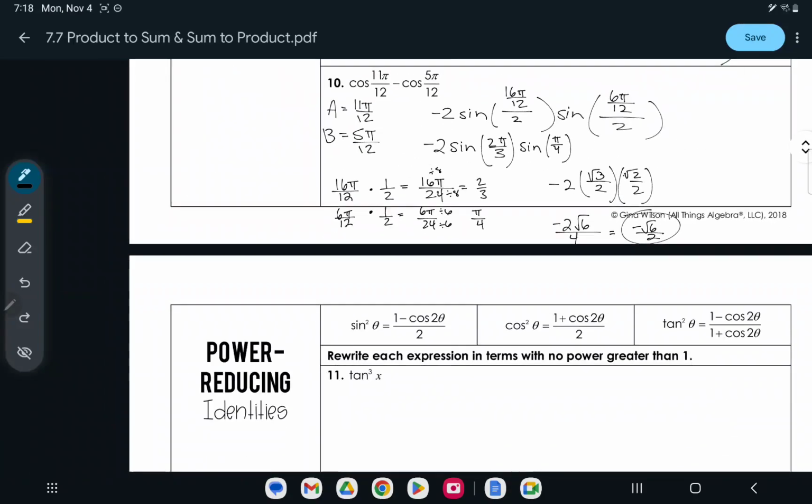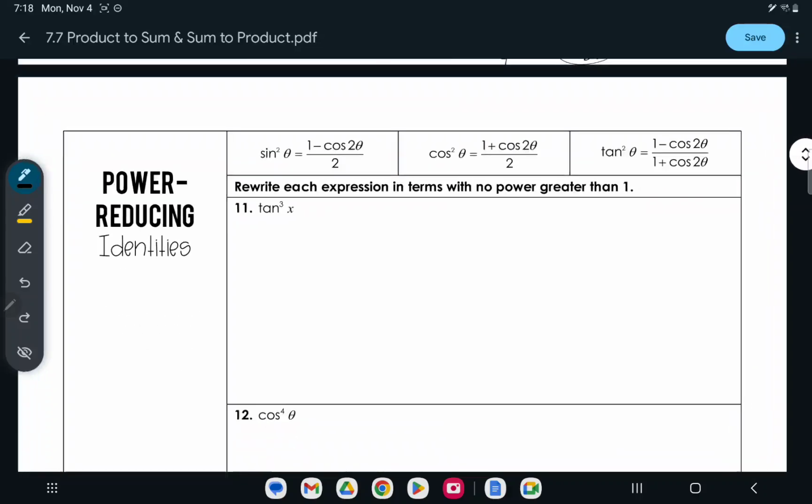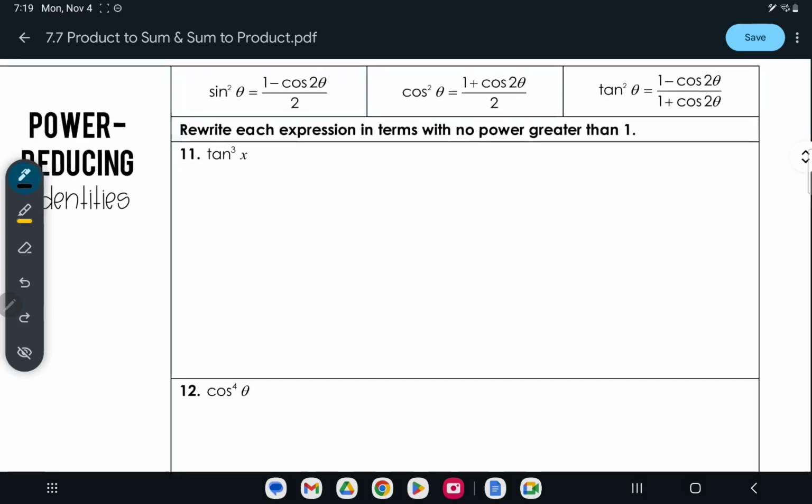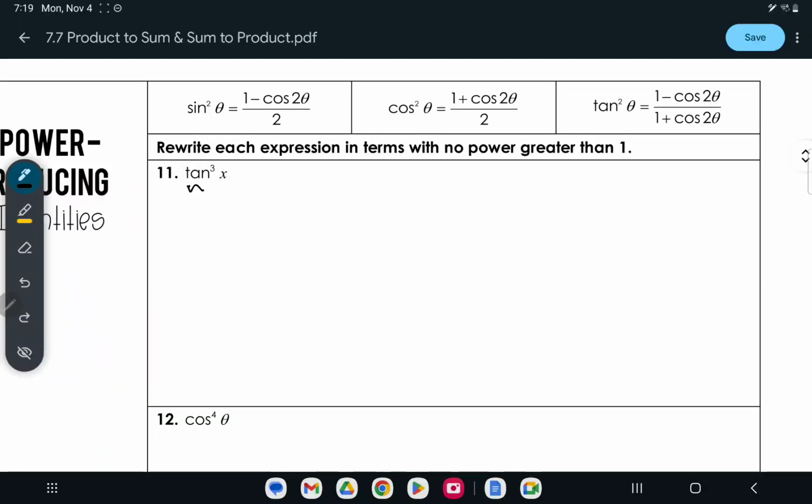Okay. Let's look at one more section here. Power reducing identities. Okay. So let's see what we could rewrite these as. Rewrite each expression in terms with no power greater than 1. Okay. So tangent cubed of x. I only have a sine squared, cosine squared, and tangent squared.